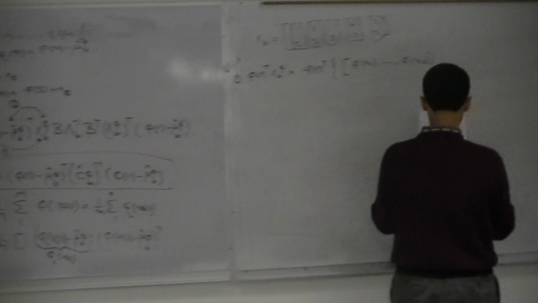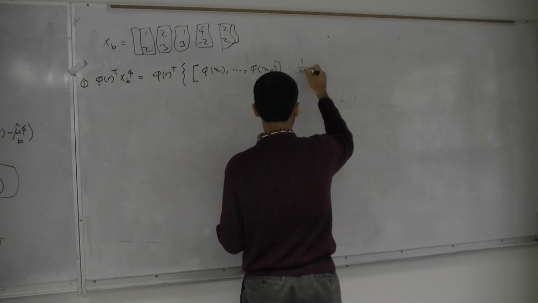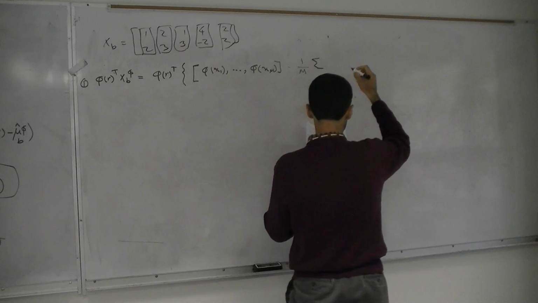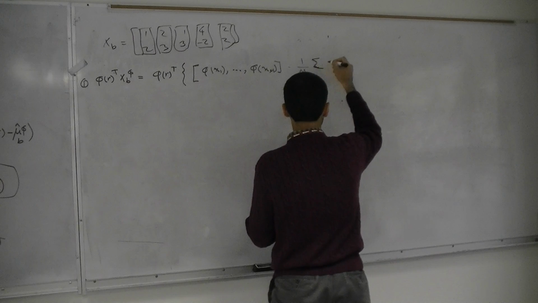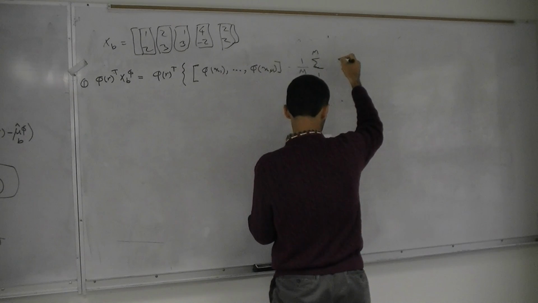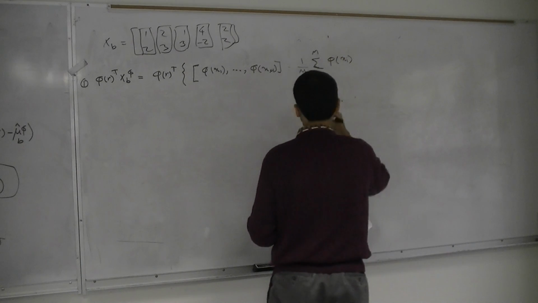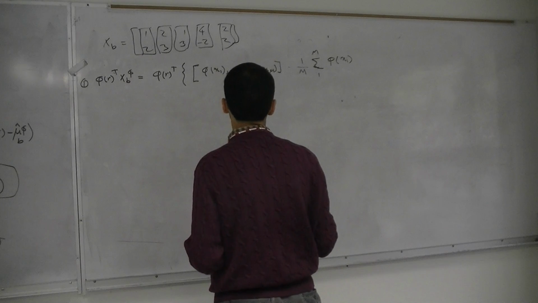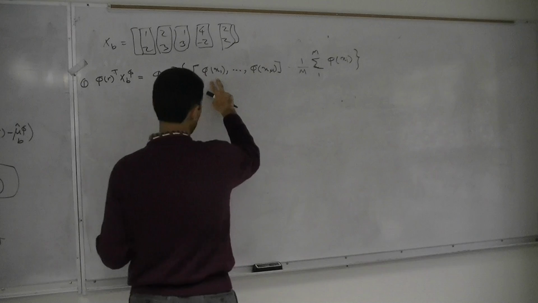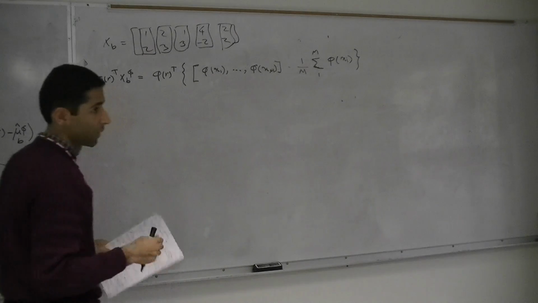Because of this there's another term, minus 1 over n. This one is the estimated mu, and it's the sum from 1 to n of phi xi. It means all of the columns must be unbiased.